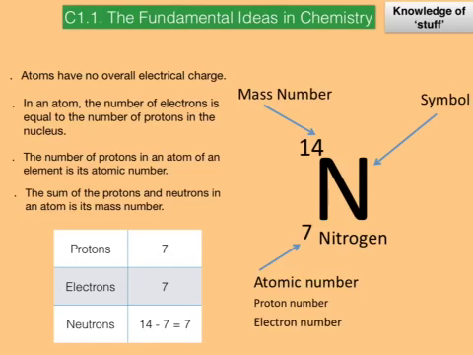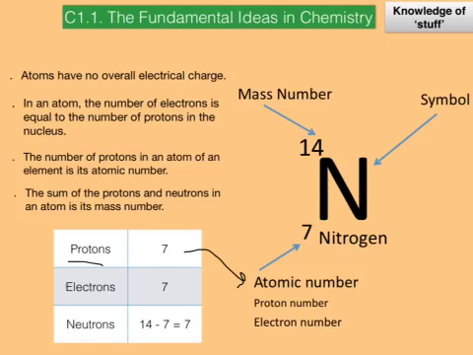Now you need to know some key rules to be able to calculate the number of protons, electrons and neutrons. To work out the number of protons, you need to use the atomic number, because the atomic number is also called the proton number. So whatever the atomic number is, that's the number of protons that you've got in your atom.